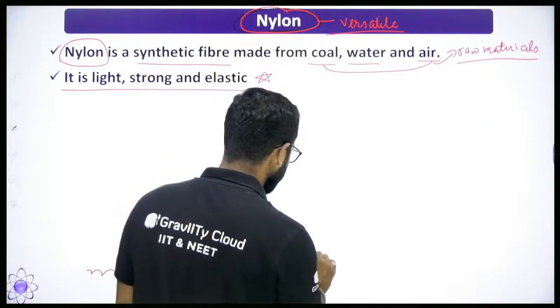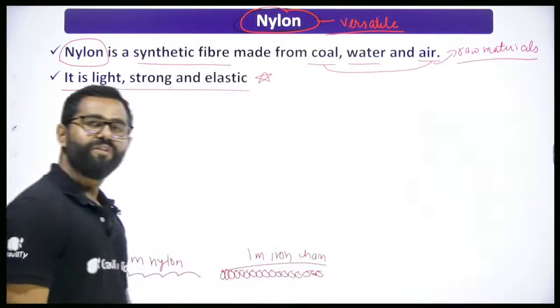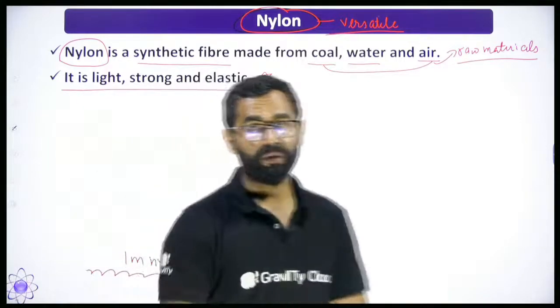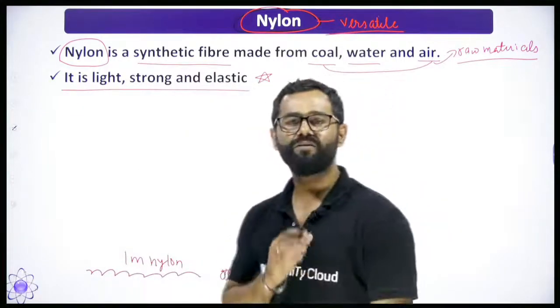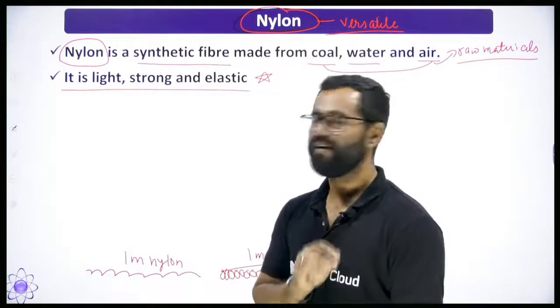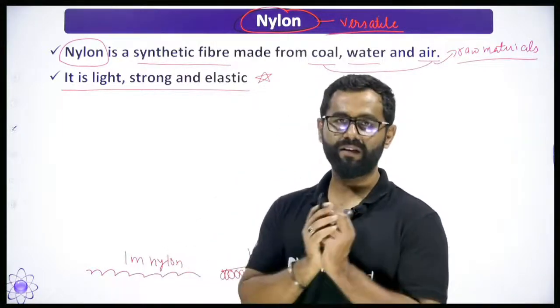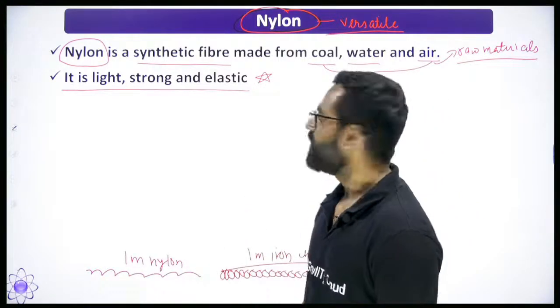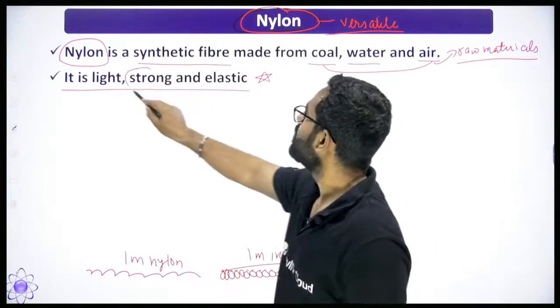Which one will be more heavy? In this case, the iron chain will be more heavy. But nylon is so lightweight that it is very light in handling, right? It's very light.